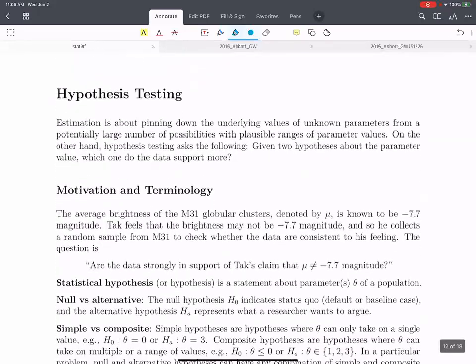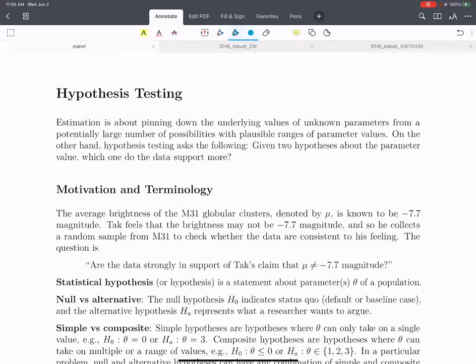Okay, hypothesis testing. The theme of hypothesis testing is different from the previous two scenarios, point estimation and interval estimation, because in those cases we were interested in the most likely value of the parameter and some range of likely values of the parameter. But in this case, the question is different: given two statements about the parameter, which one do the data support more?